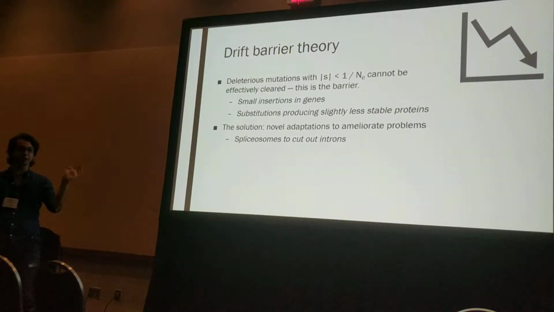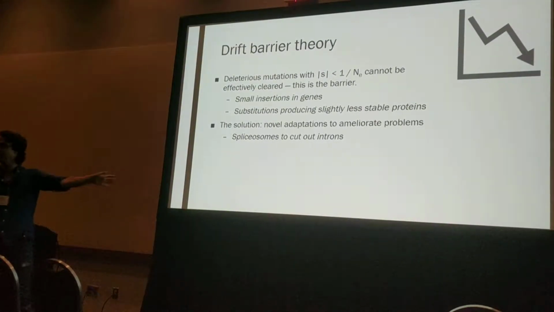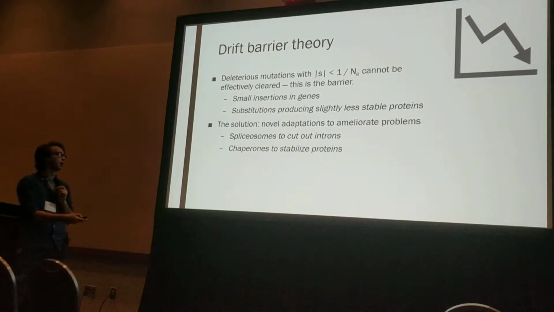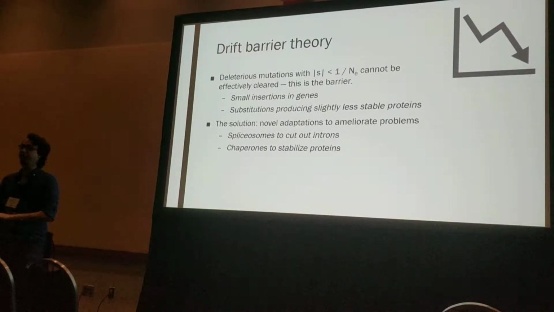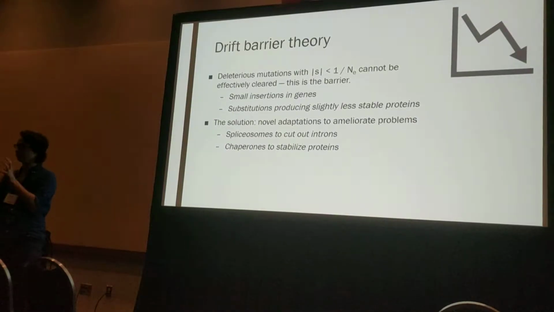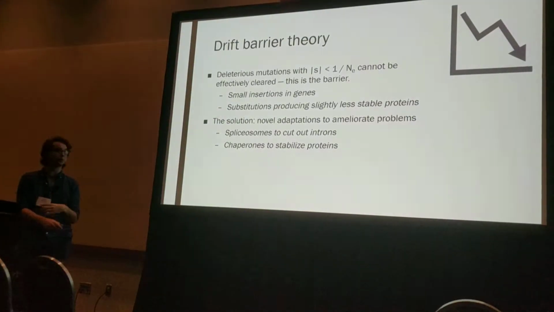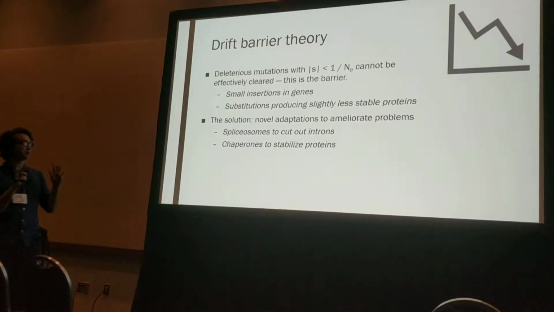And instead of trying to clear all of those introns individually, you just invent a protein that comes along and snips everything out. Or you come up with a chaperone protein. Now you can't make all of your proteins perfectly stable, but now you have a new protein that can go along and help stabilize all these proteins. So this is in general how drift barrier theory works.